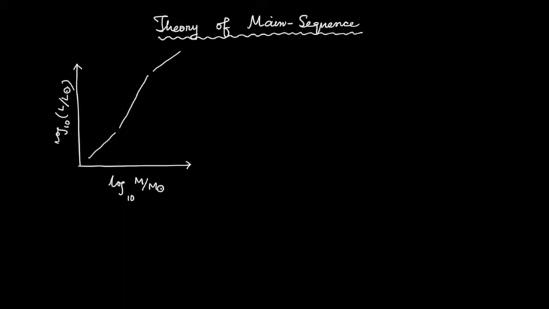These are log-log plots. The slope of the log-log plot was 2.5 here, 4.5 here, and 3 here. So these are observed curves, right? So L by L sun was given by M by M sun to the power nu.